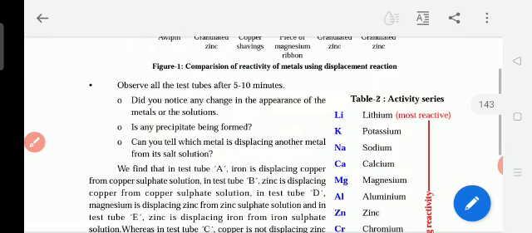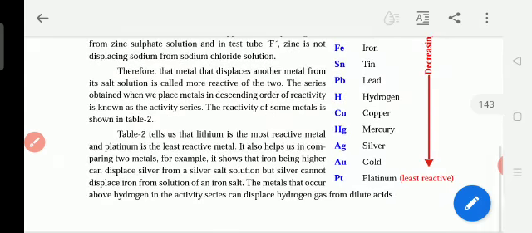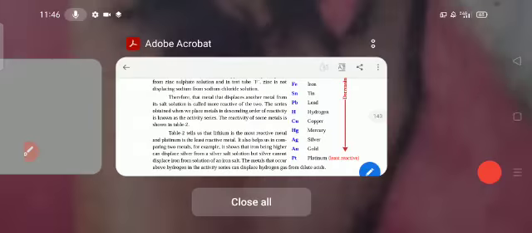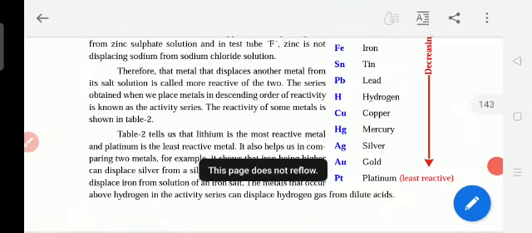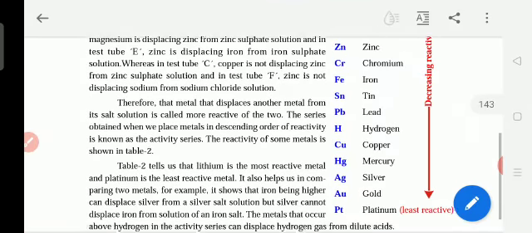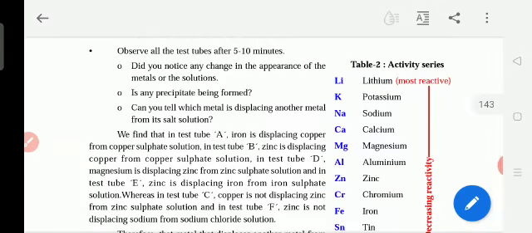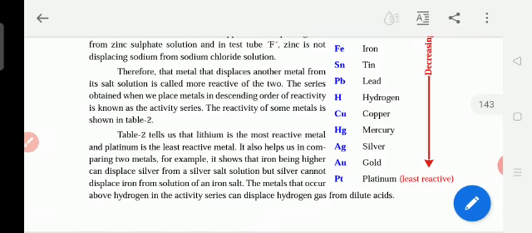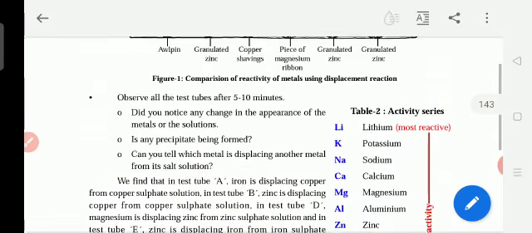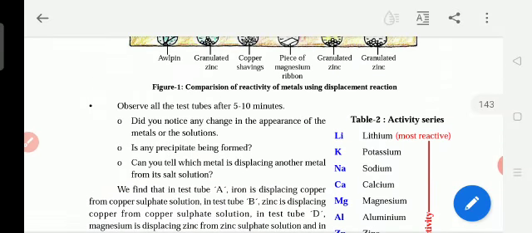First of all I want to show you the reactivity series. Here they have given an arrow mark going down. As we go down, the reactivity of the metals decreases: downwards is less reactive, and upwards is more reactive.